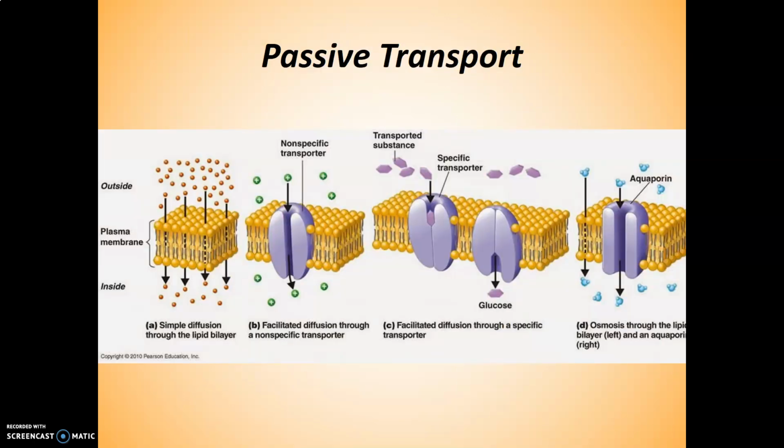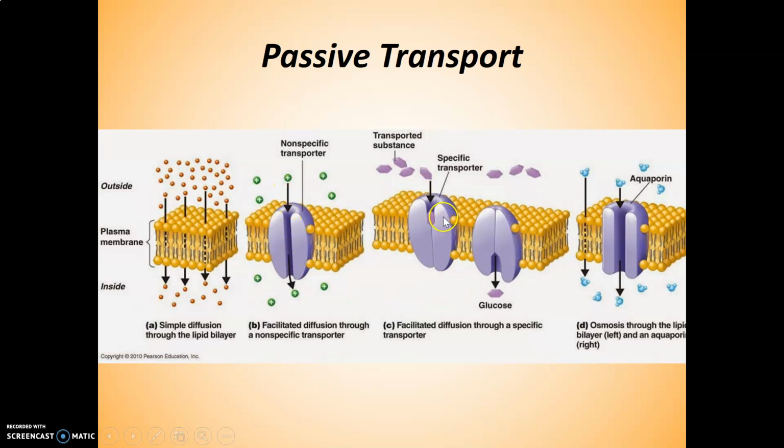Here are some diagrams of passive transport. The first one is just simple diffusion through the phospholipid bilayer. And then you have facilitated diffusion through a non-specific transporter. This is just where the molecules or ions are going into and out of the cell.